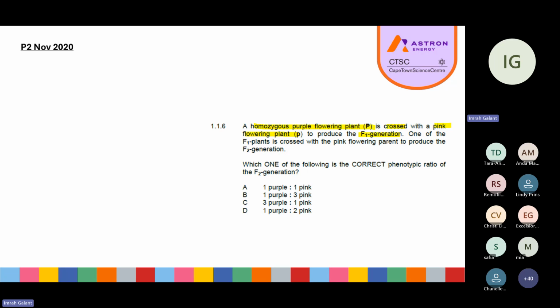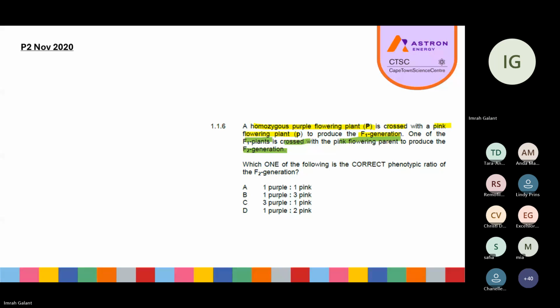Then the F1 plant is crossed with a pink flowering plant to produce the F2 generation. Which one of the following is the correct phenotypic ratio of the F2 generation? Okay, so let's write this out.